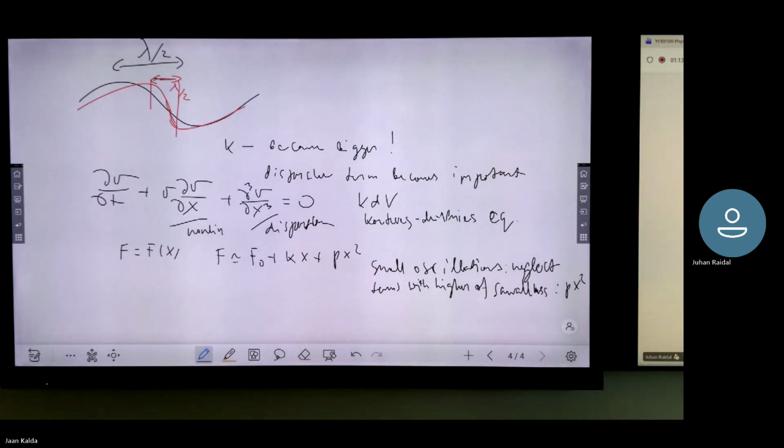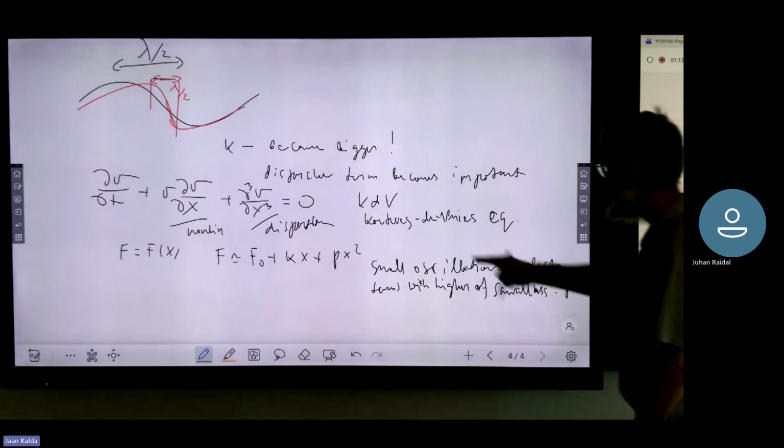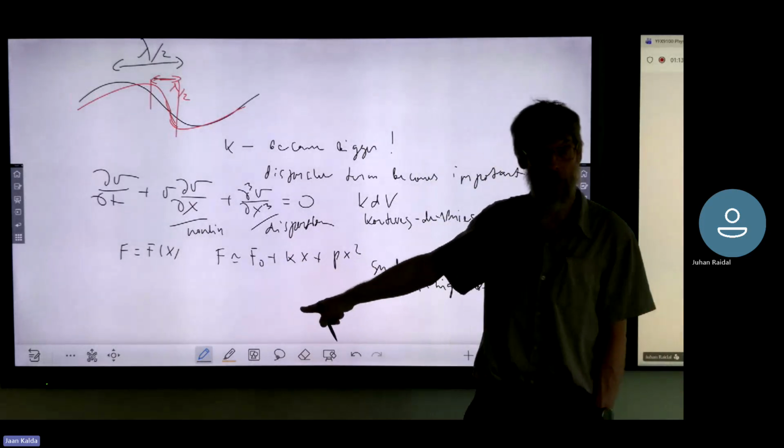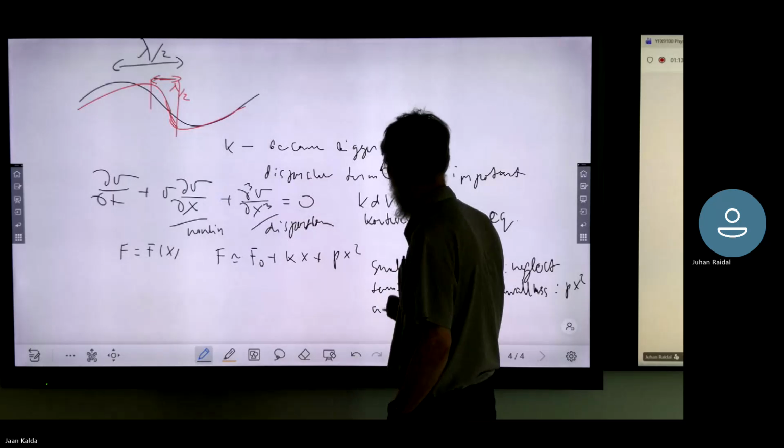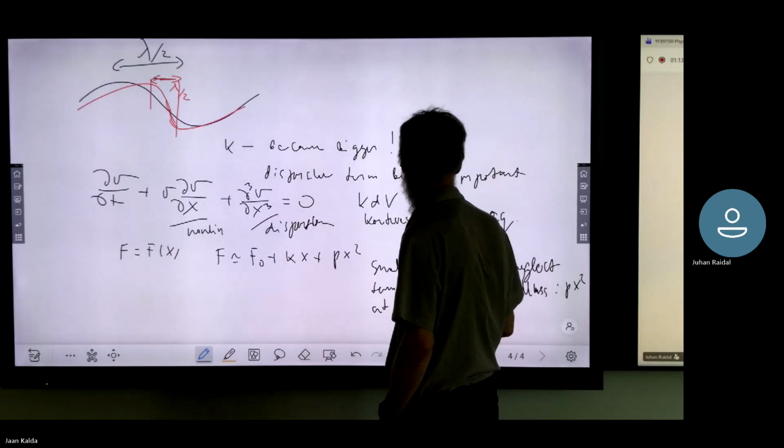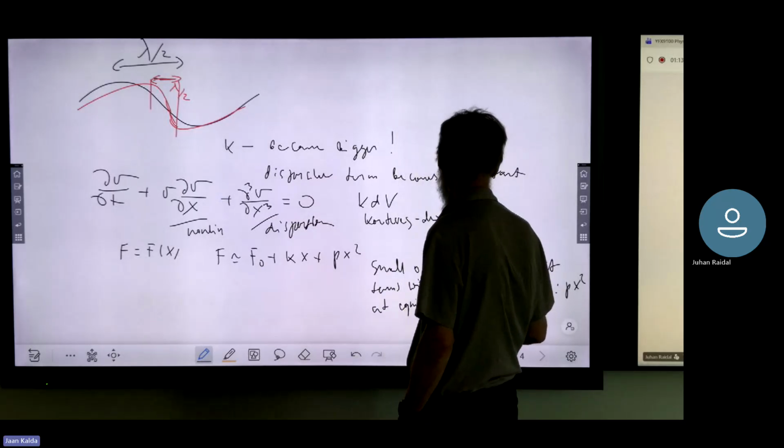And then F naught is 0 because you have equilibrium. At equilibrium, F naught equals 0.